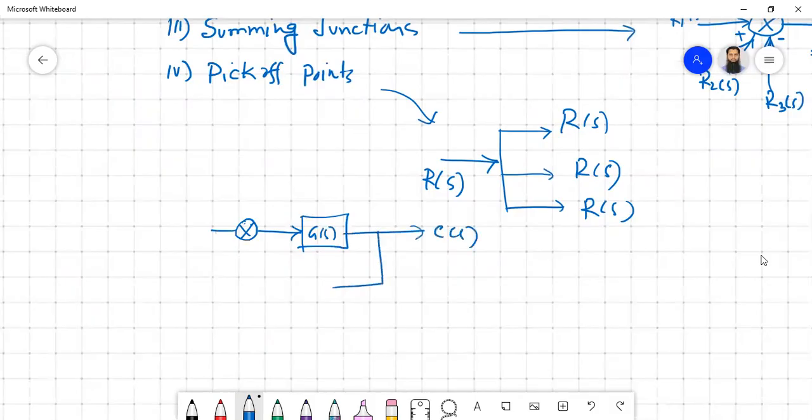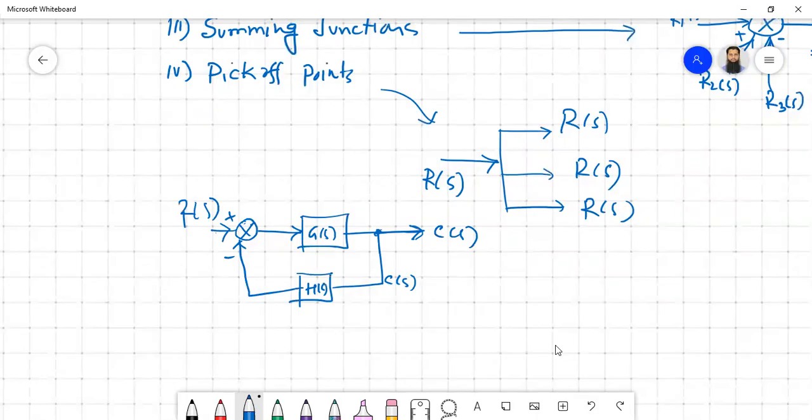Then from here another point is generated, H of S, then it goes there. So R of S, this is plus, minus maybe. Now as you can see, one line is going in this direction, the other line. So this is also a pick-off point. So both C of S is going to both lines. So this is also nothing new.